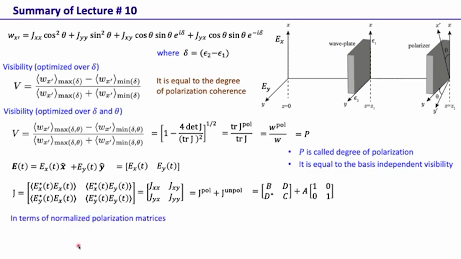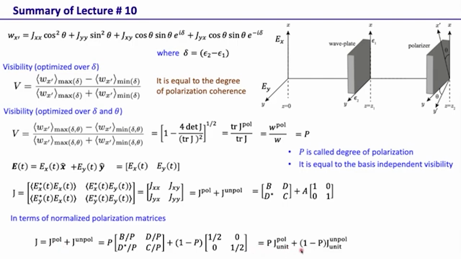In the last class, we also saw that in terms of normalized polarization matrices, J is just J polarized plus J unpolarized, but if we write this in terms of the polarization matrices that are normalized, we have this kind of representation. This is the same thing, J polarized plus J unpolarized, but now we are writing it with polarization matrices that are normalized, that is, unit trace.